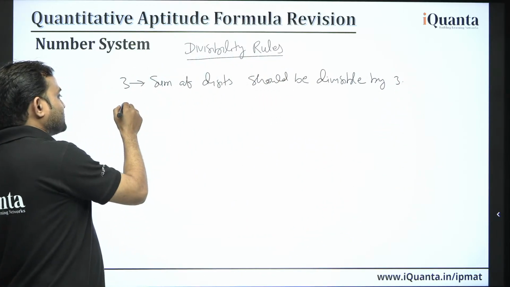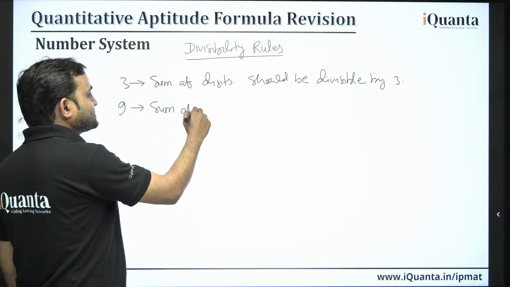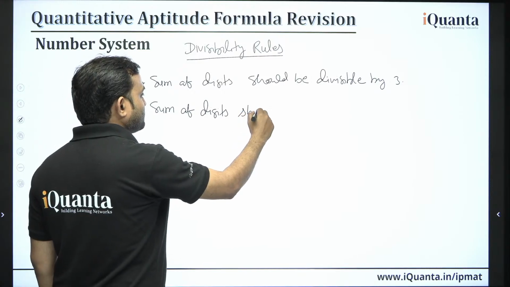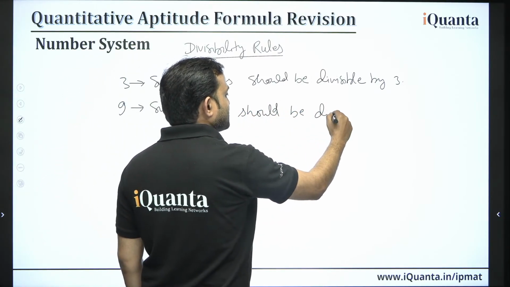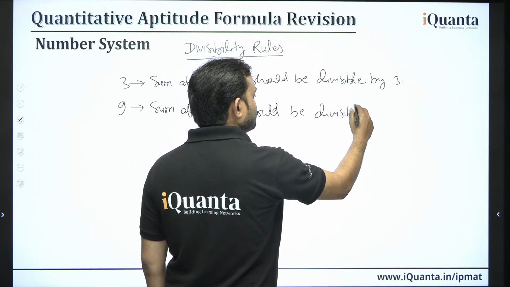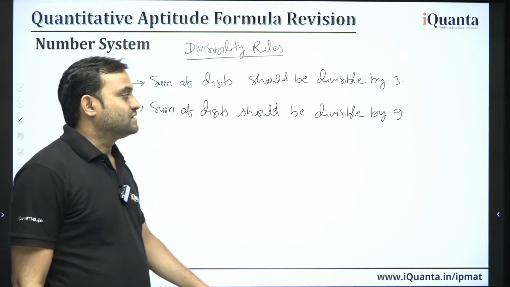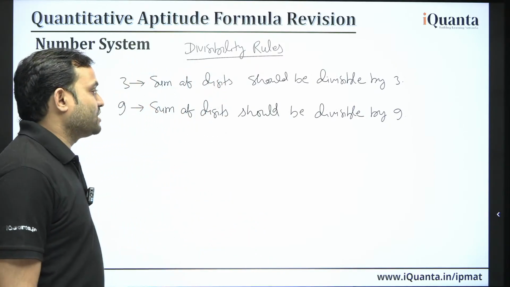Same is the divisibility rule of 9, which is sum of digits should be divisible by 9, right? Same rule, but that is not true for 27. Okay, be aware of that.